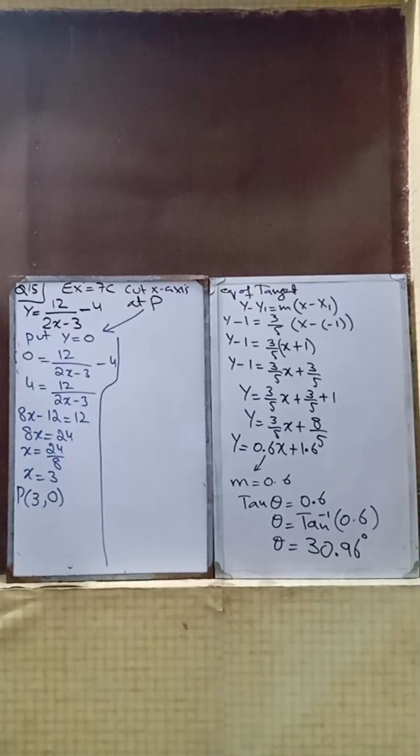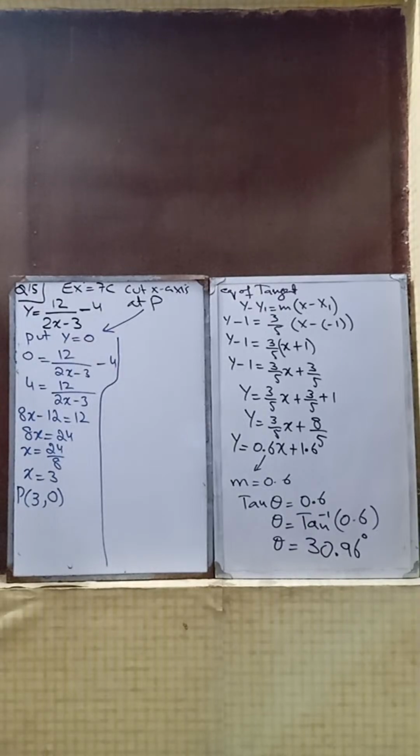So wherever there is y in that equation, we put 0: 0 equals 12 divided by 2x minus 3, minus 4. From there we found the value of x, and that is 3. So the coordinates of point P are 3, 0. So now I will find the equation of the tangent to the curve at the point P.